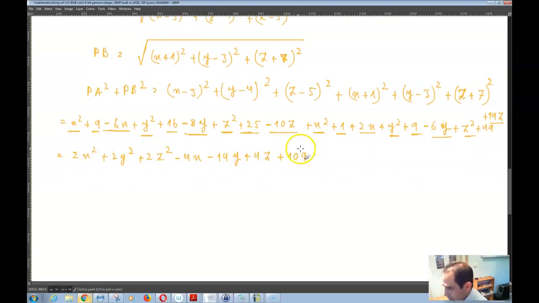So this is PA squared plus PB squared. Now in the beginning we said that we wanted to find the equation of the set of points P such that PA squared plus PB squared is equal to K squared, where K is a constant.